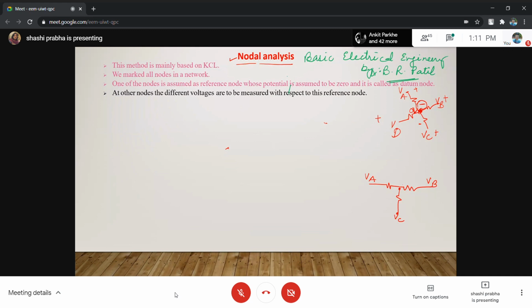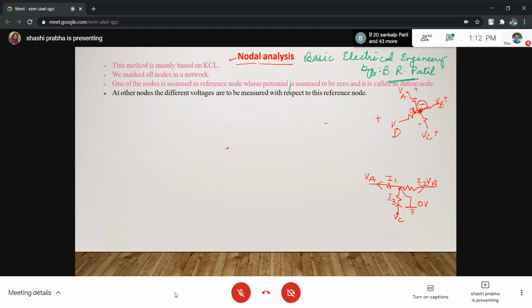The reference is always defined with a sign, a ground symbol for the reference. Reference means 0 volt. If I randomly say this is the direction of current, say this is I1, this is I2 and this is I3.